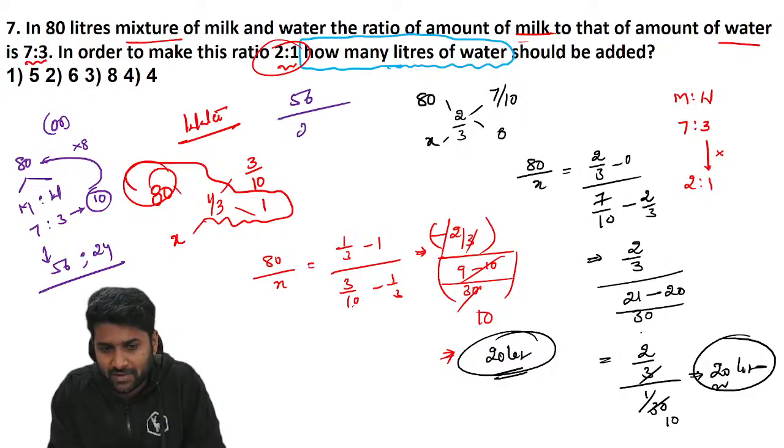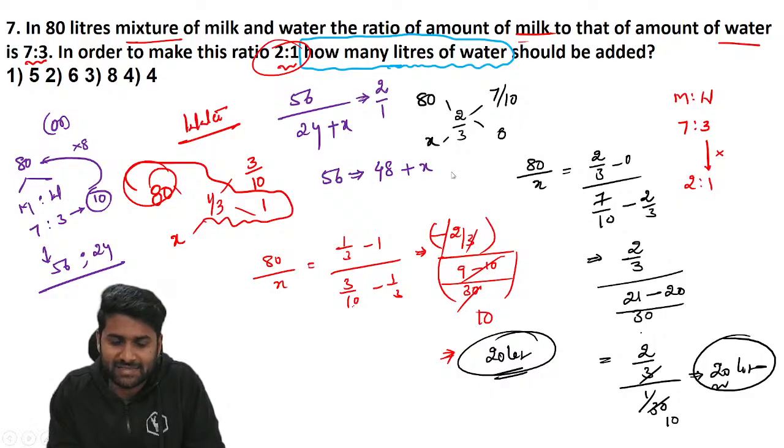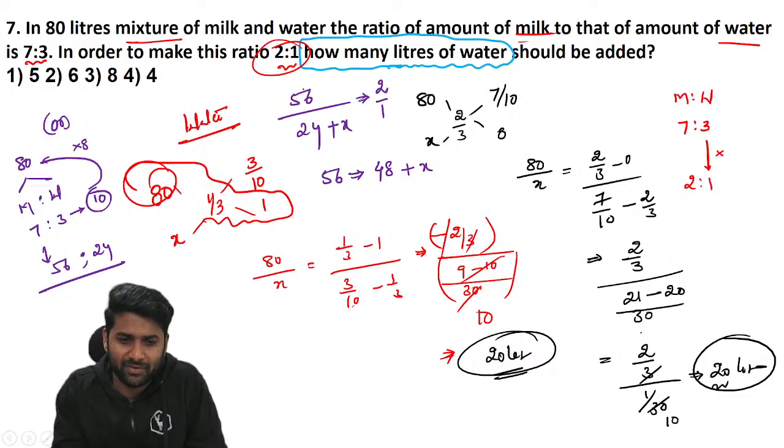And they clearly mention that we are adding only water. So we are adding water is X. Now the ratio become 2 is to 1. For the simplification, 56 is exactly equal to 24 into 2 is 48 plus X. Clear?